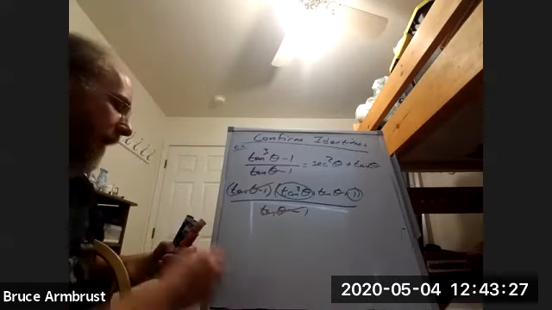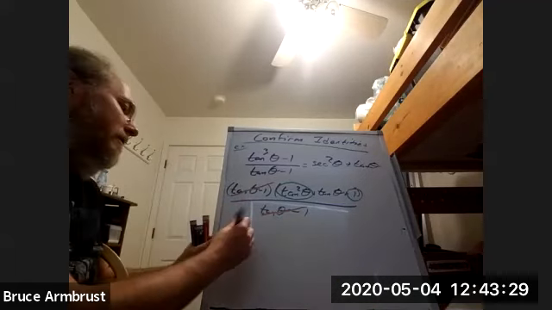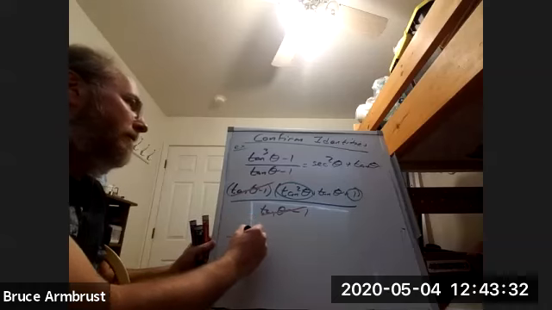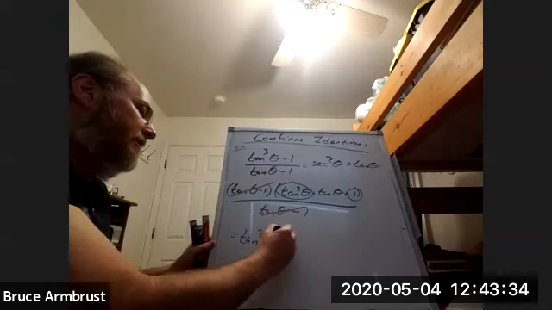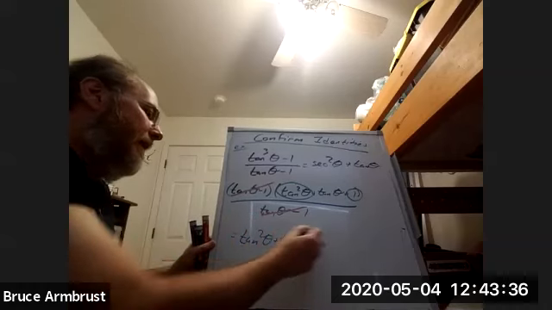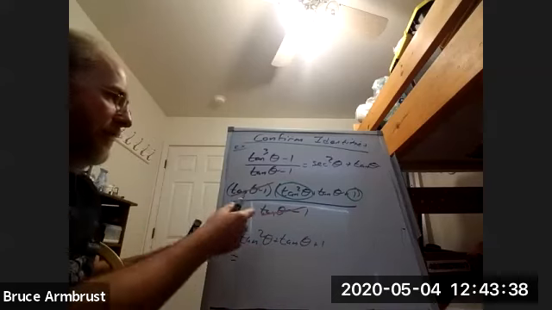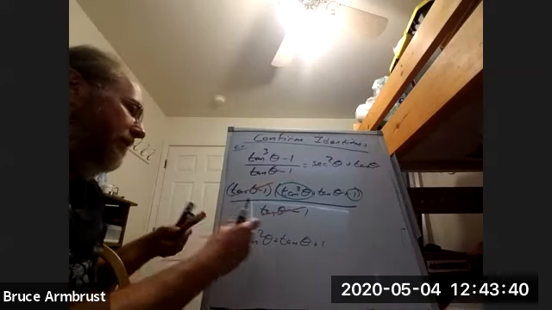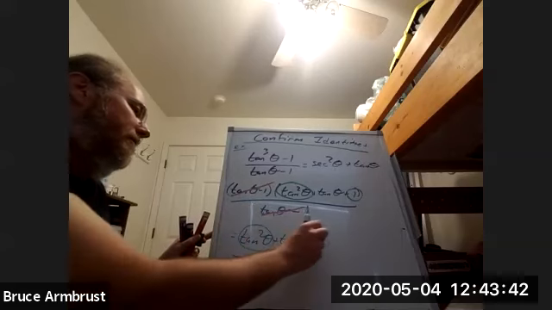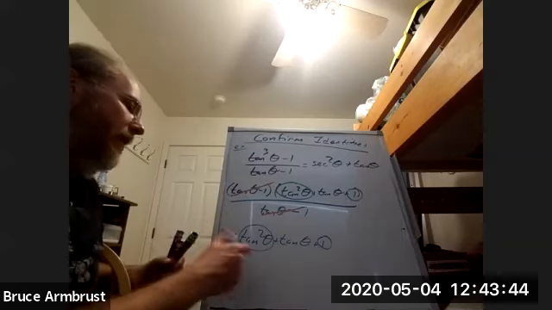Let me just rewrite it. So this is tangent squared plus tangent plus 1. And then if we use the Pythagorean, we can turn the tangent squared and the 1 into a secant squared.